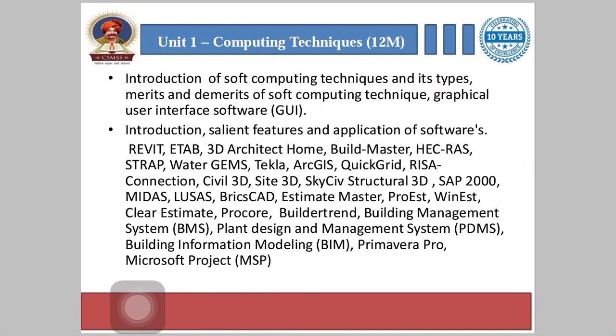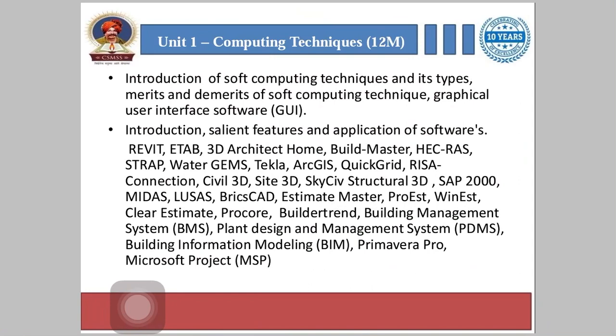So these things we are going to see in the first unit. And next, introduction, salient features and application of software. So given below are the names of different types of softwares, of which we are going to see the introductory part, also the salient features and its applications.